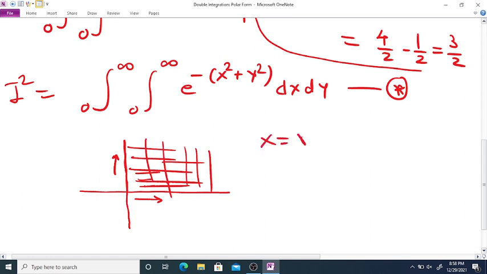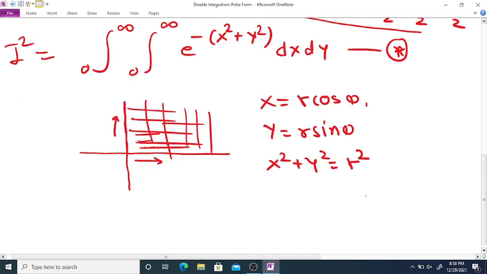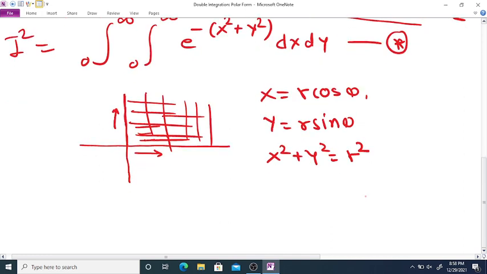So put x is equal to r cos theta, y is equal to r sin theta. Then x square plus y square is equal to r square cos square theta plus r square sin square theta, so it is equal to r square, since sin square theta plus cos square theta is equal to 1. Again dx dy is equal to r times dr d theta, where r is nothing but the Jacobian.